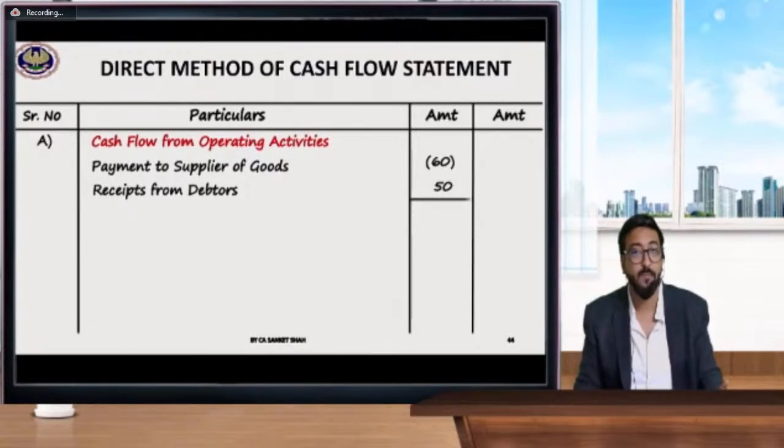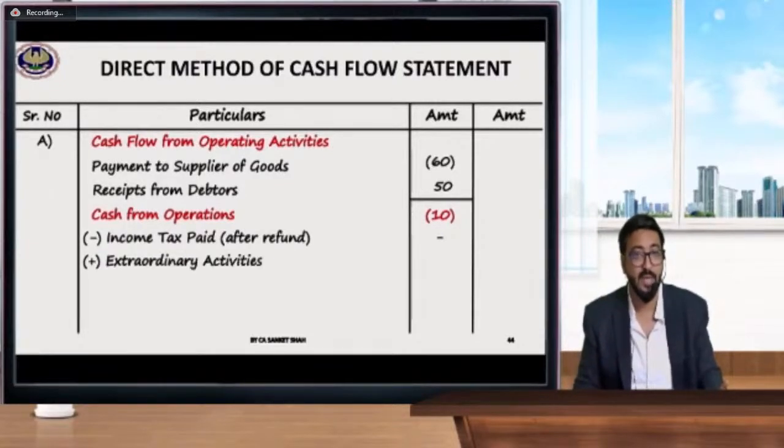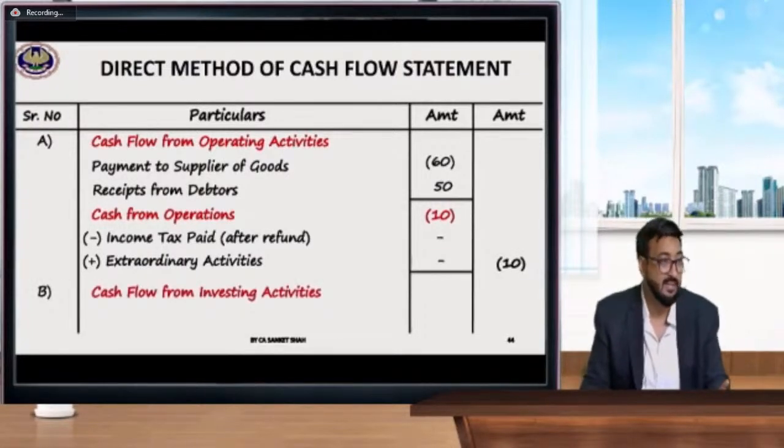So the net effect is -10 cash from operations. Was there income tax in our question? No, so dash, but this is a presentation. Is there any extraordinary item in this question? No, it is a concept clarity question. So cash flow from operating activities is -10.